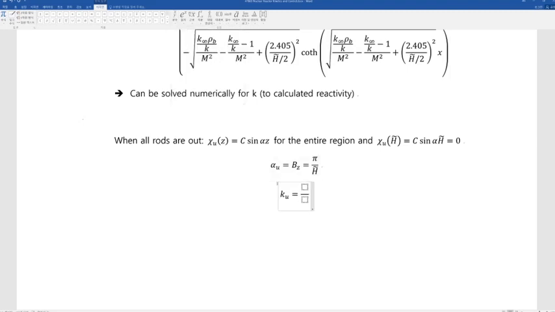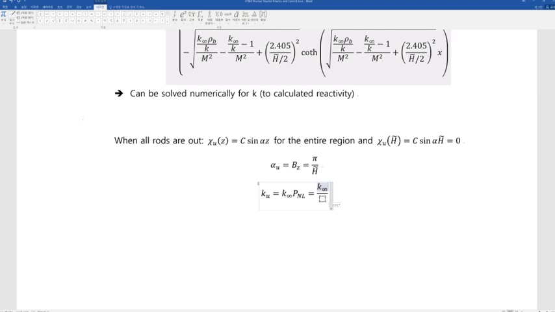Previously the multiplication factor was k infinity multiplied with the non-leakage probability.